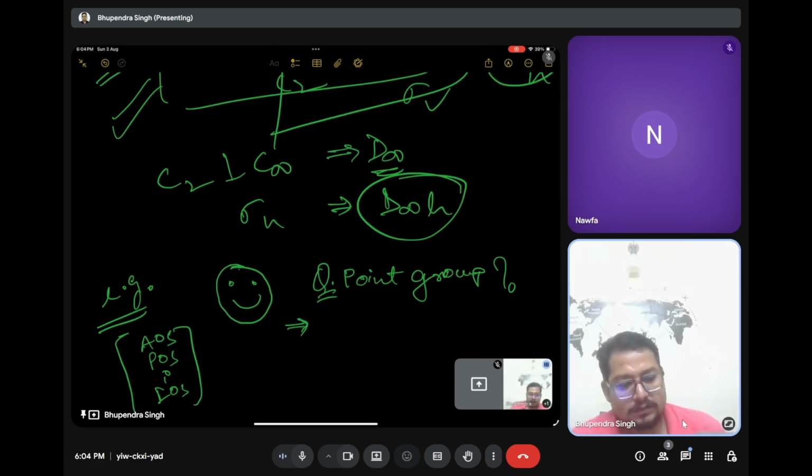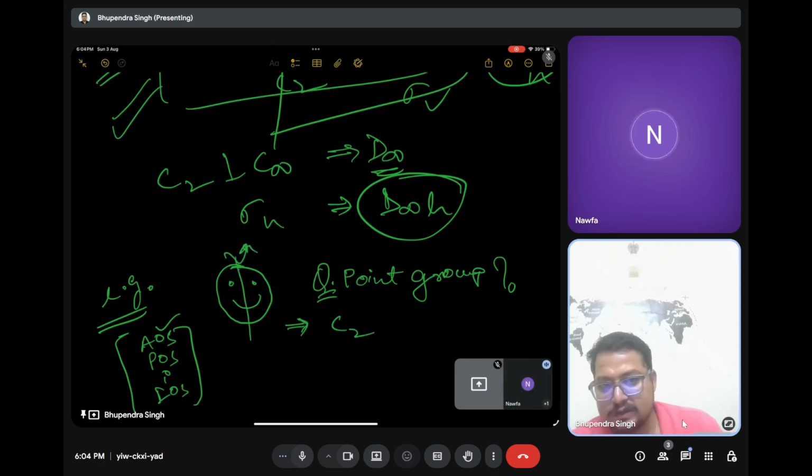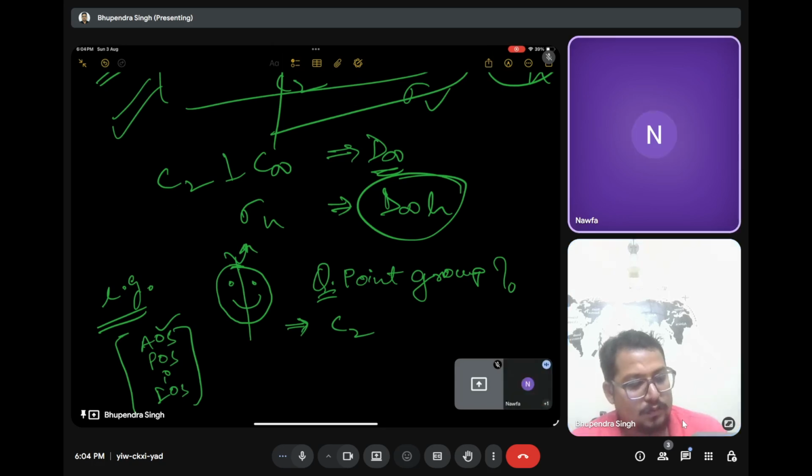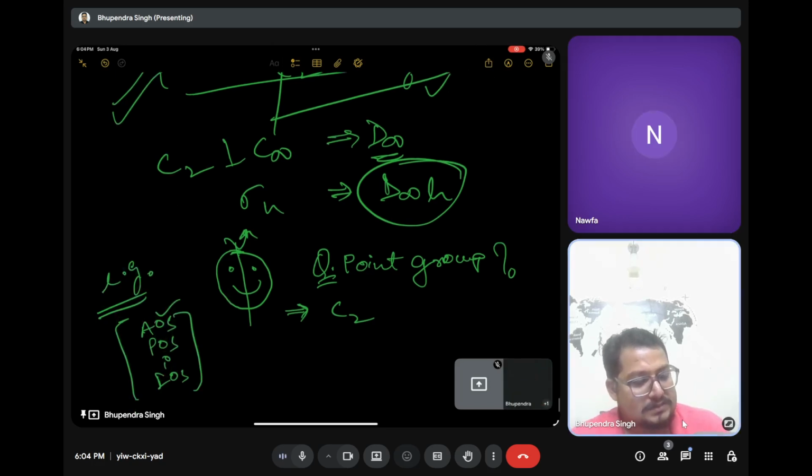Try to find out the axis of symmetry. Yes, C2. Any other C2? Any other C2 axis is there? No.